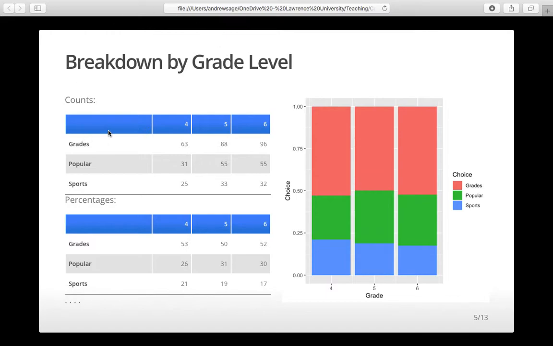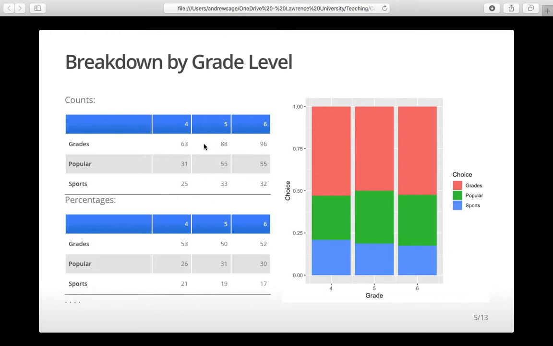In the upper table on the left side of the screen, we have the number of students in each grade level who chose each priority, either grades, popularity, or sports. Among 4th graders, 63 students said that grades were most important, 31 said being popular was most important, and 25 students picked sports.